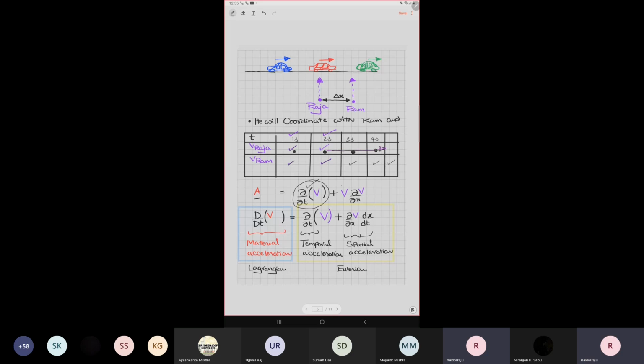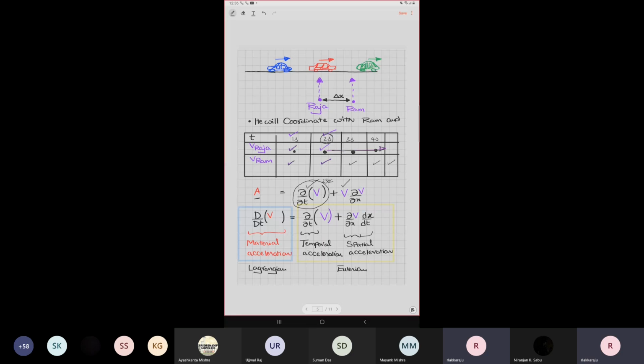Already at Raja's location, I have the velocity at any given instant of time. So when I calculate del V by del T at a given second, what I do is the second minus the first second by 1 second, which gives me the velocity at that second if I use a backward difference.